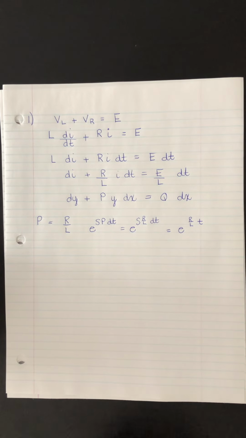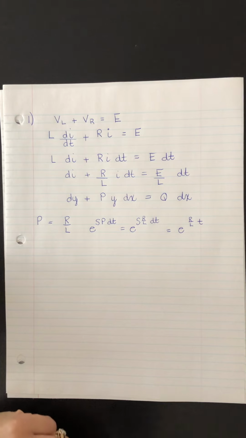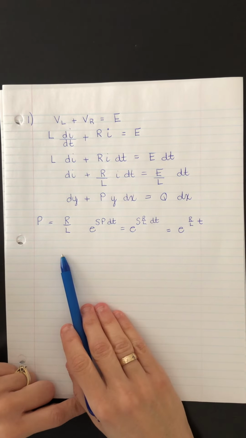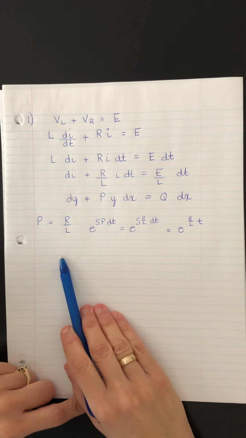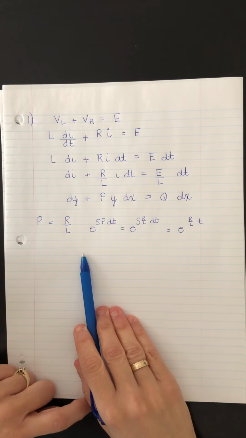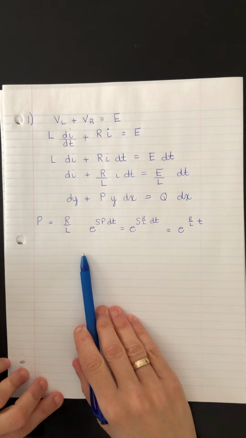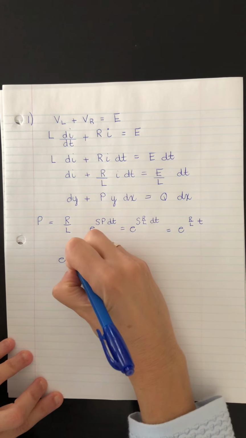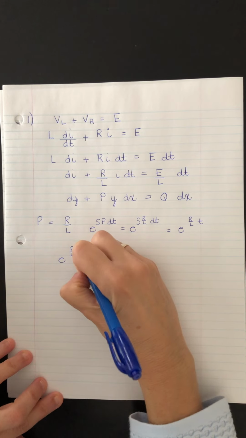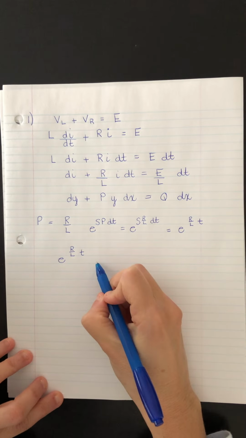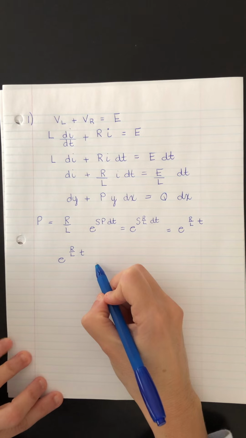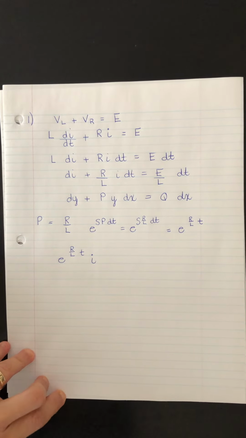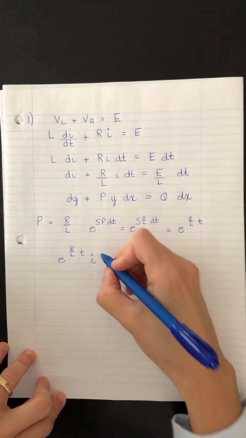So I think you know that what we do next is we write out on the left side the integrating factor multiplied by that dependent variable. So in this case, there's the integrating factor, and we don't multiply it by y, we multiply it in this case by I, since that is the dependent variable.